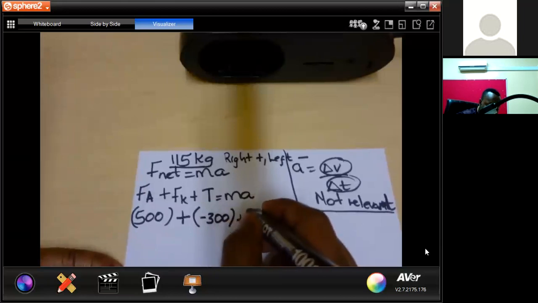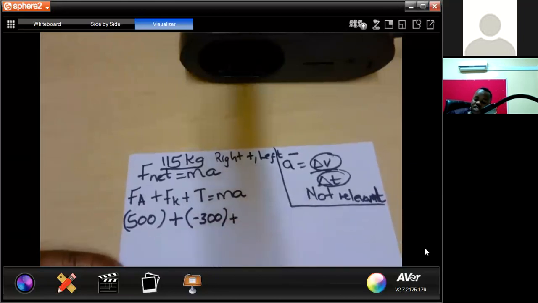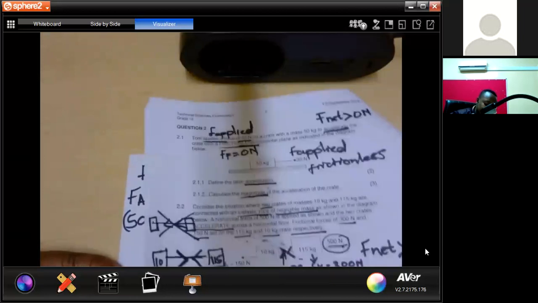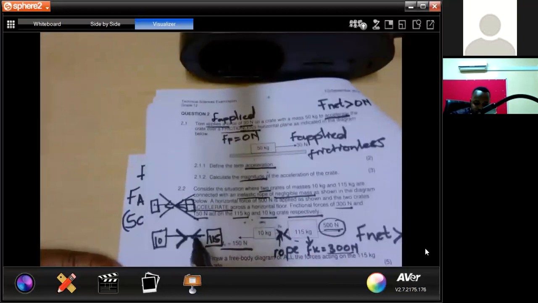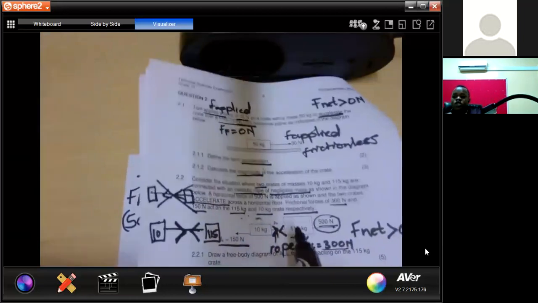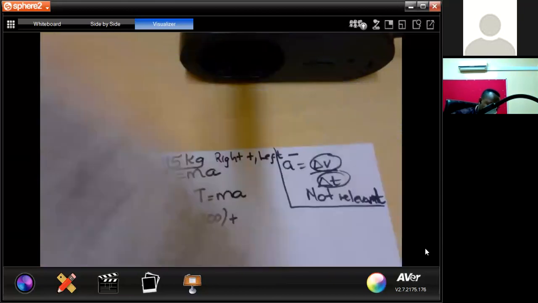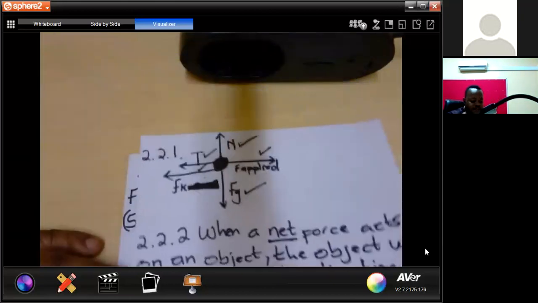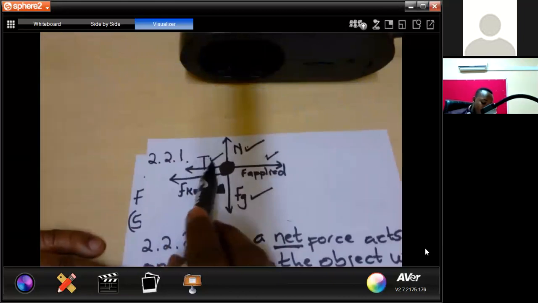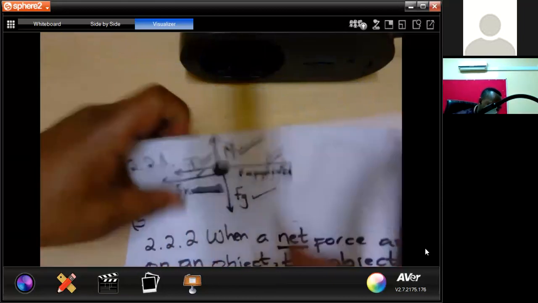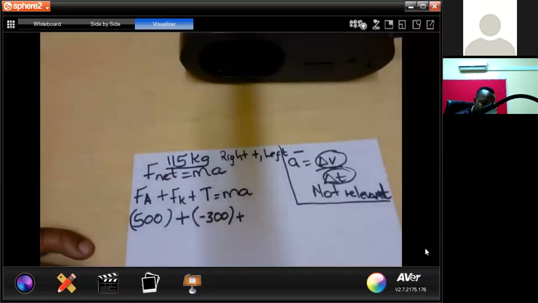Plus the tension. Now the tension here, you saw it is acting to the left. And we drew a free body diagram as well, and we saw that it's acting to the left. Now, I want to make this one clear. Remember, you are actually trying to solve for acceleration. You are not trying to solve for tension.